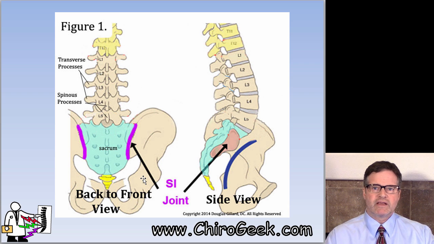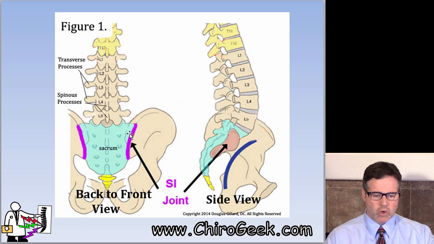Now, bordering the sacrum are the coxal bones, or the innominate bones, or you can just call them the hip bones. And they form an important joint here called the sacroiliac joint, or the SI joint for short. It's a true diarthrodial joint, which means it contains a synovial fluid and a capsule to hold that fluid in, and it contains nociceptive fibers, so it can become a source of pain in approximately 5 to 10% of people with chronic low back pain.